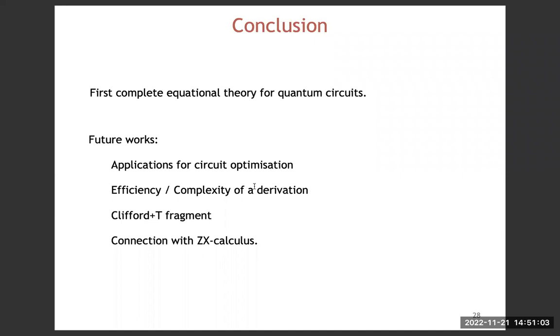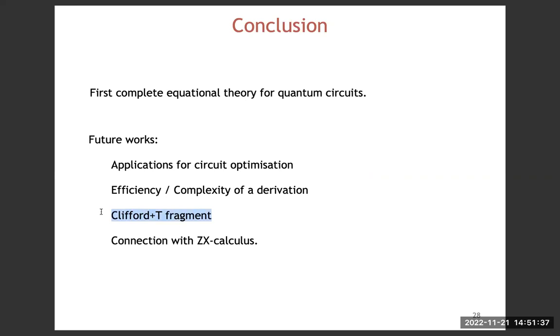The reason is that the problem of deciding whether two quantum circuits are equivalent is QMA complete, and the existence of a polynomial size derivation for all cases would imply a polynomial size certificate, which is not possible except if QMA is in NP, which is not expected. But can we say anything about this derivation? I don't know. Another interesting case is the Clifford plus T fragment.